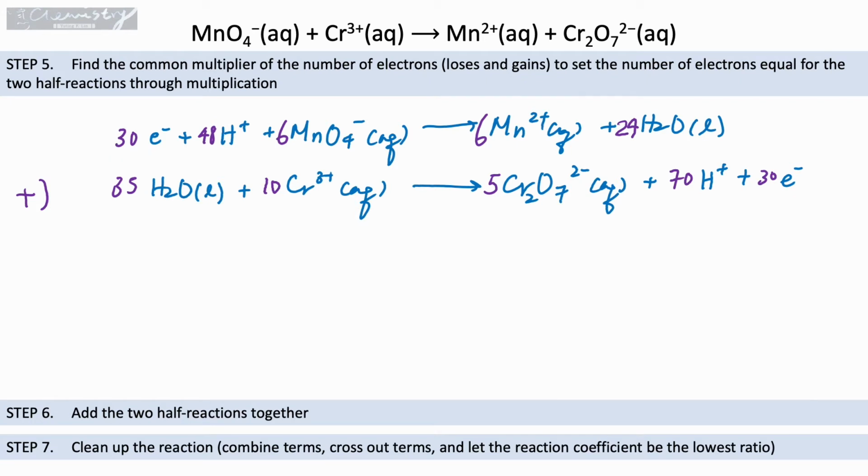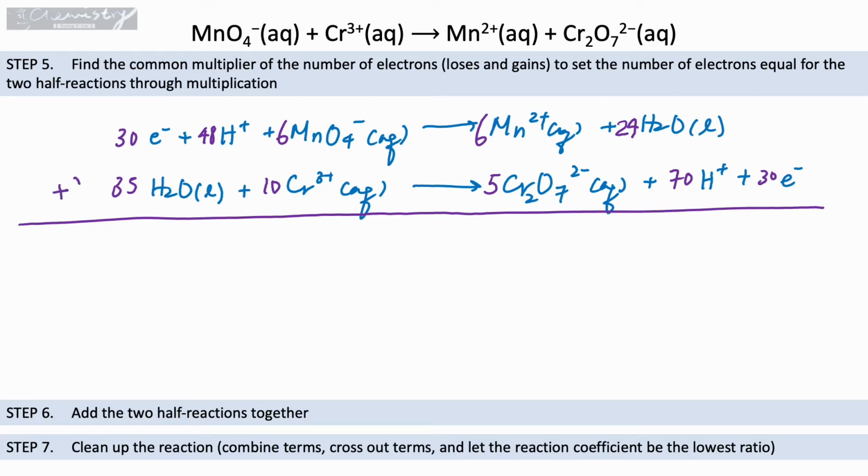The reason why we want to do this is because we want to cancel out the number of electrons when we add them up. So in step 6, we're adding them. And we can see that if something is on the product and on the reactant side, we can cancel them out. You can either do this all together in step 7 or do this right now. I will just do that in step 7 just so that we can be more clear about what we are doing.